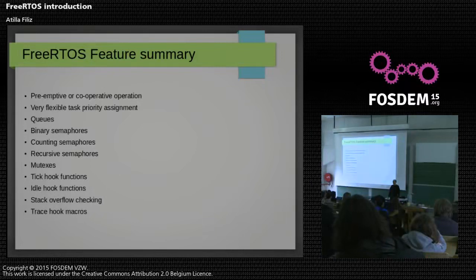There are also several hook functions, which make it convenient to run separate code in certain conditions: the tick hook runs at every clock tick, and the idle hook runs repetitively as long as the CPU is idle. It also has a mechanism for checking for and preventing stack overflows. And if you need tracing, you can add additional hooks for tracing.